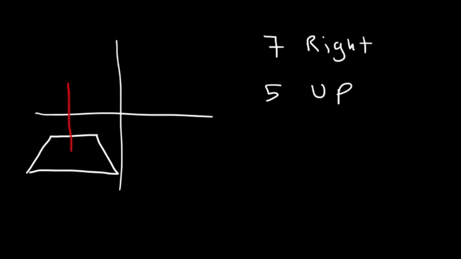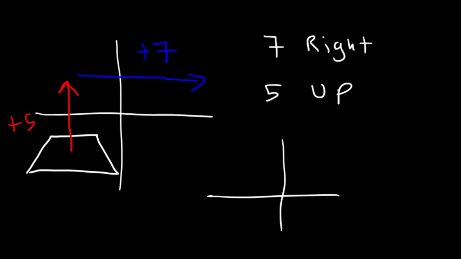So we're going to have to travel 5 units up, and then 7 units to the right. Most likely the graph will be in quadrant 1. So that's the main idea behind translation. Basically, you're moving the same image to the left, to the right, up, or down on a coordinate plane.